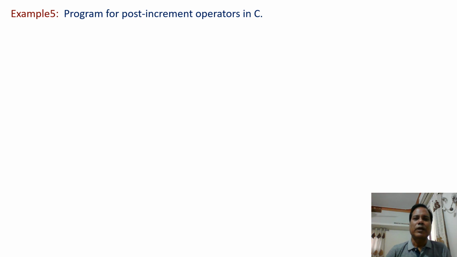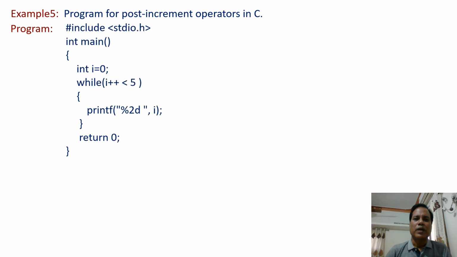Another program for the post increment operator in C. Now what output can we expect from this program? The initial value of I is 0. Initially 0 is compared with 5, then the value of I is incremented.